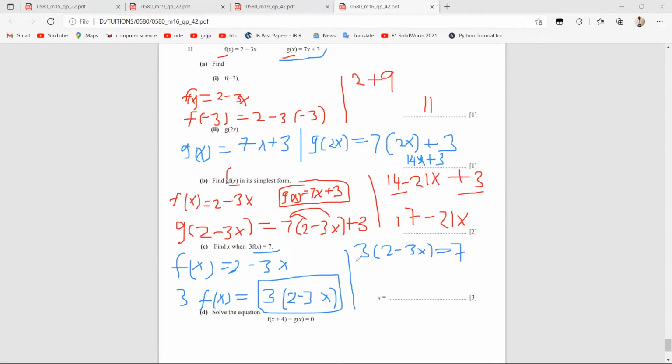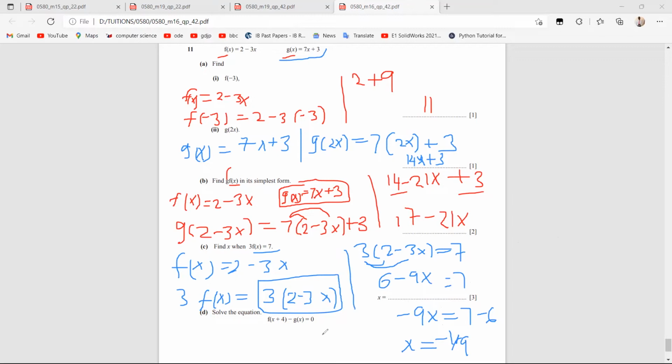So if I distribute 3 into the brackets, I'll get 6 minus 9x equals 7. And then for negative 9x, I'll get 7 subtract 6, which will give me 1. So my x is going to be negative 1 over 9. Let me just show you how I get that.